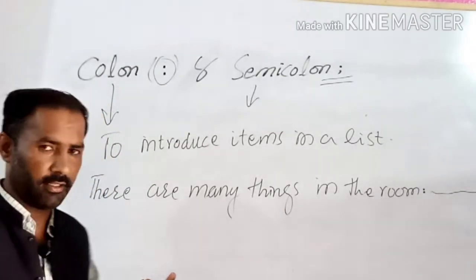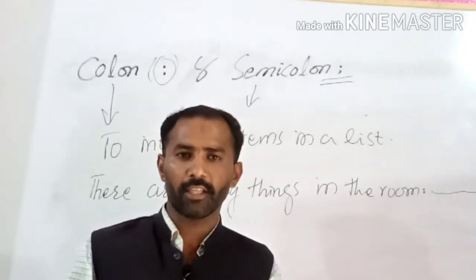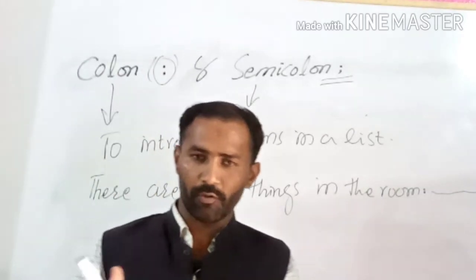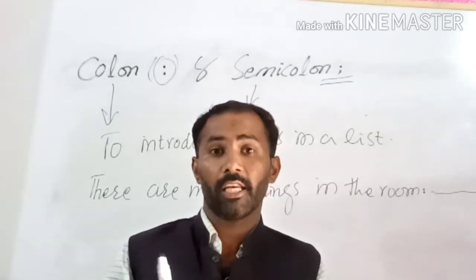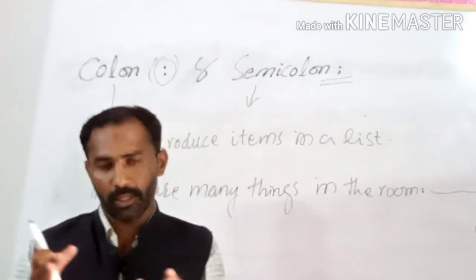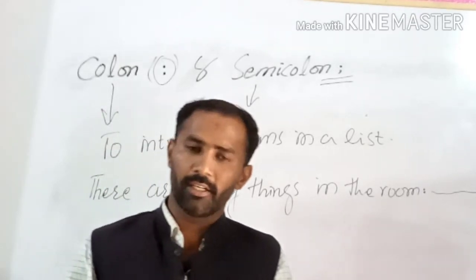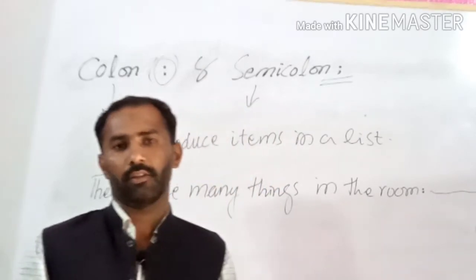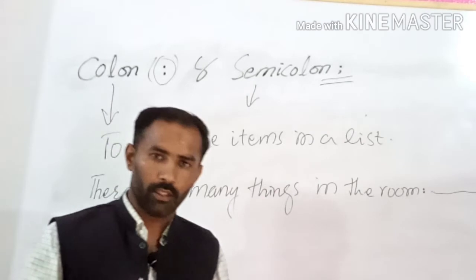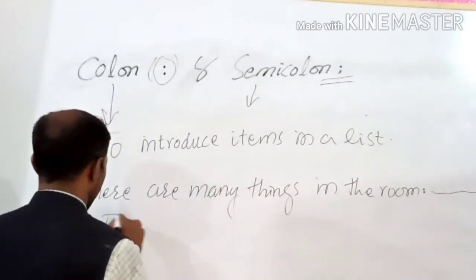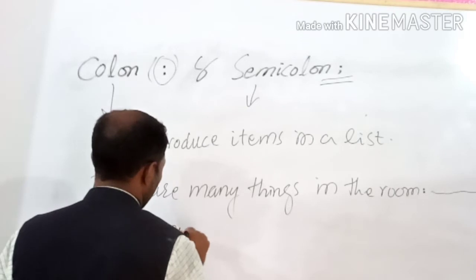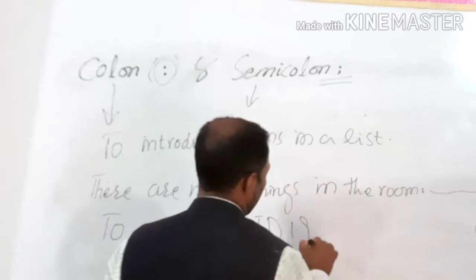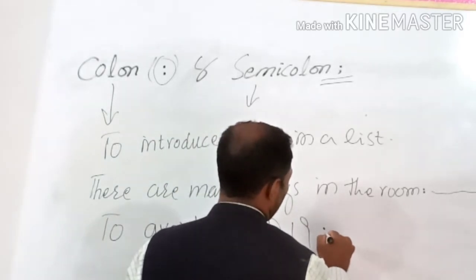If we take the recent example of coronavirus COVID-19: to avoid COVID-19, there are many precautions. To avoid COVID-19, we can give instructions to the people, and that time we would use a colon. Here we would use the colon.